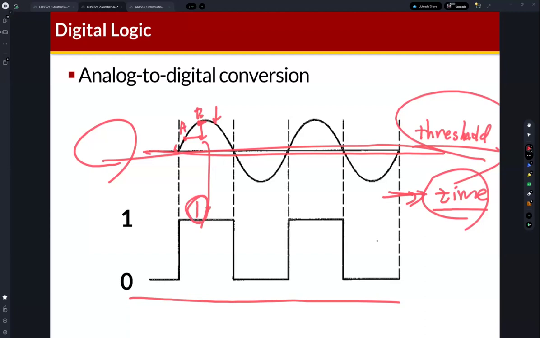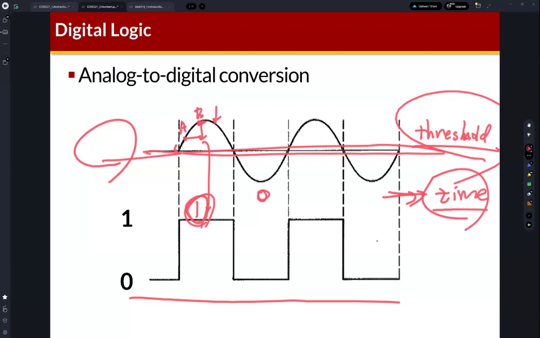On the other hand, if the analog signal value is lower than the threshold value, then we can say that this value is the digital value 0. It is because commonly digital value 1 represents a high value and digital value 0 represents a low value.